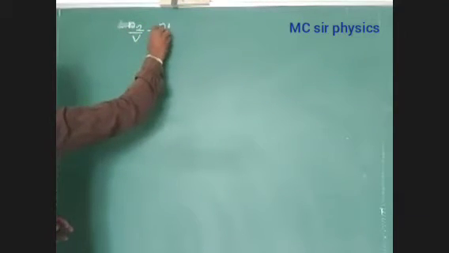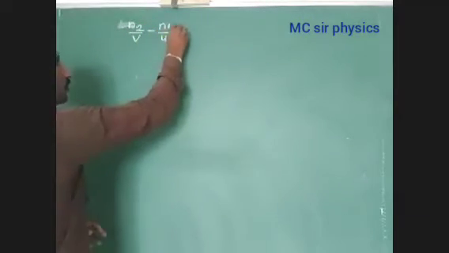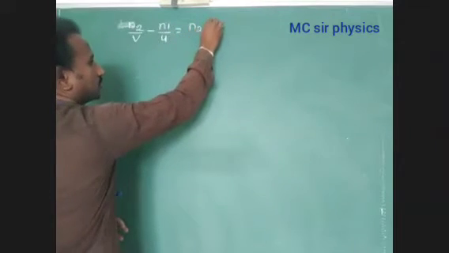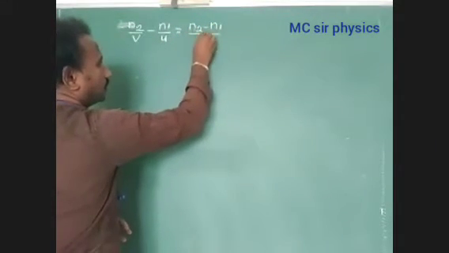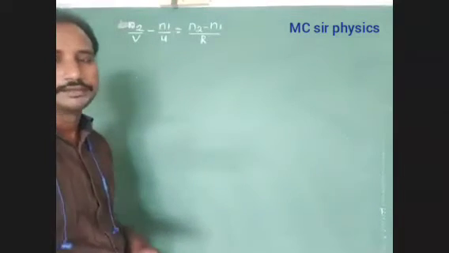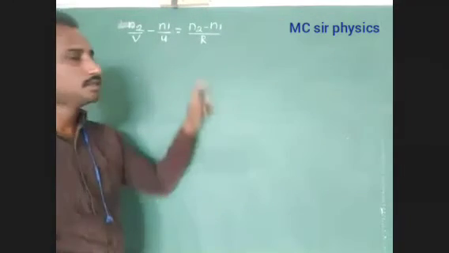So here is the derivation for N2 by V minus N1 by U equal to N2 minus N1 divided by radius of curvature. We have to derive this formula.